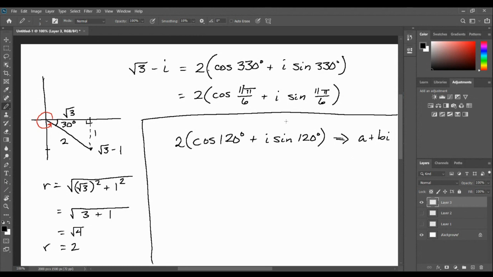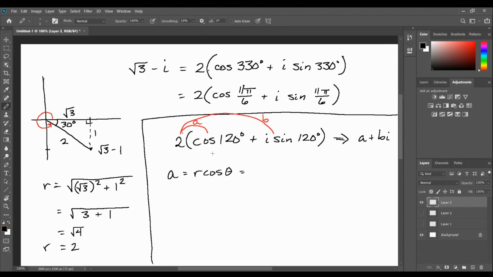So I need to figure out what a and b are. But we know that a is r cosine theta, right? That gives me a, and that gives me b.